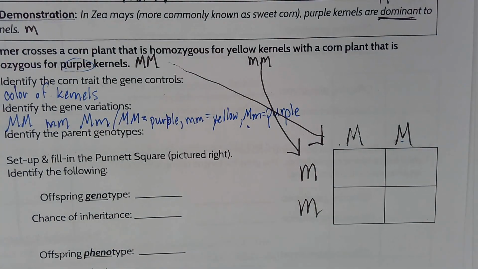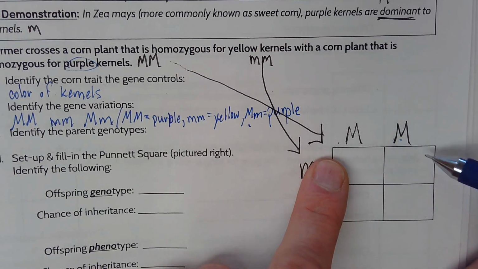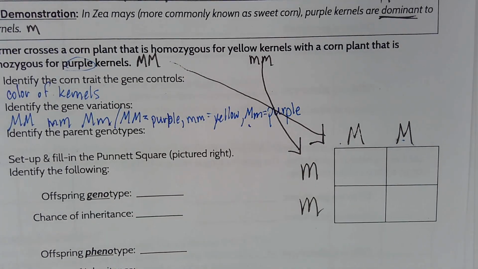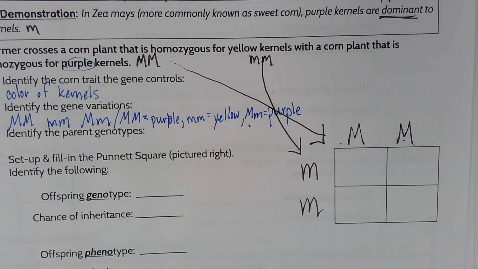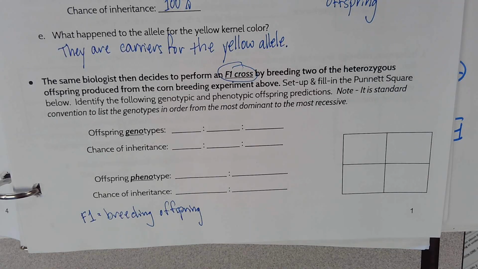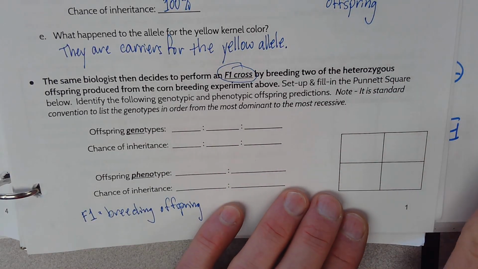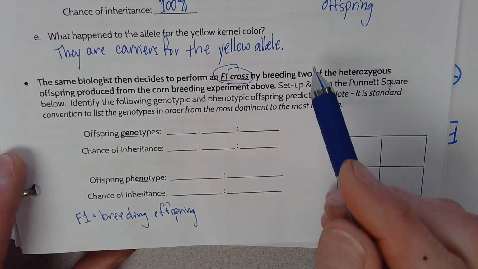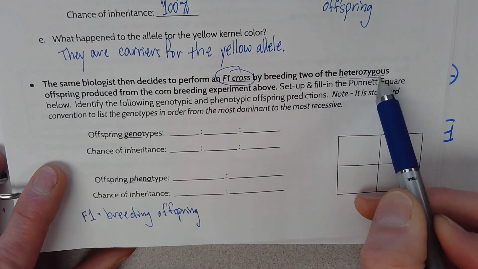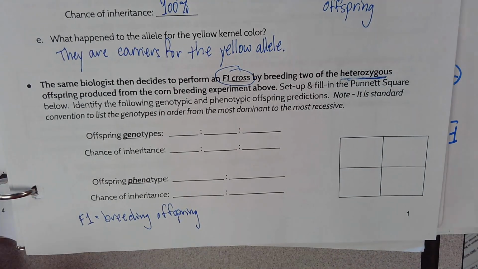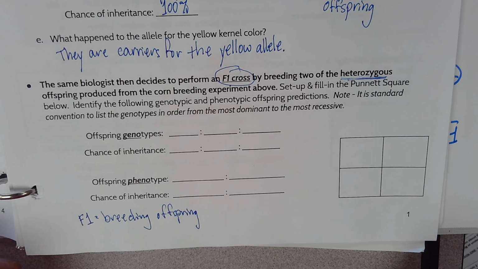Okay. So now, let's go ahead and fill in the squares. For this, we are breeding the offspring. And it says we're breeding those heterogeneous offspring. Even without looking up there, if it's heterogeneous, I know that it's going to be heterozygous.